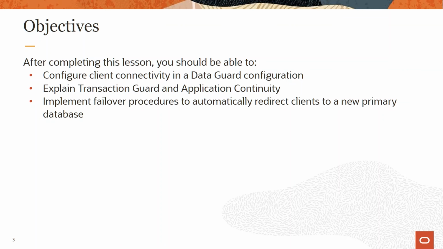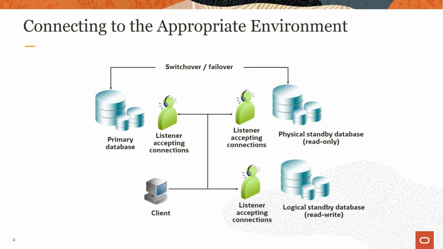So let's talk about connectivity in the Data Guard environment. In the Data Guard environment, we may have connections to physical standby databases for the reporting operation. And also we may have connectivity to logical standby database for reporting and other operations.